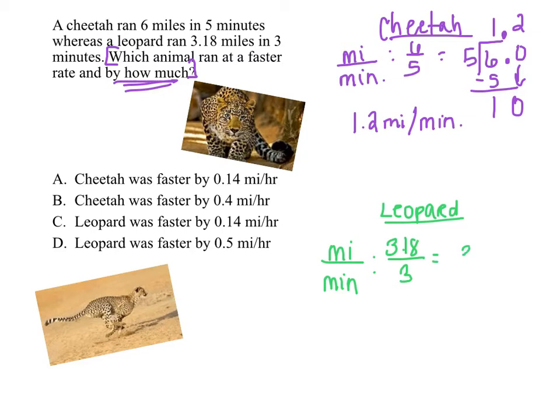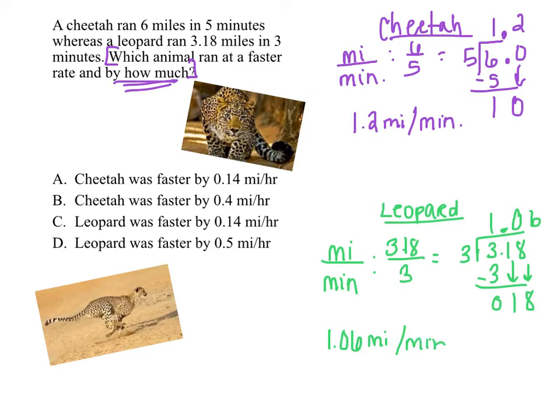So I'm going to divide, bring my decimal point up, 3 goes into 3 one time, bring down my 1. 3 cannot go into 1, so again, bring up your 0. Now I can bring down the 8. 3 goes into 18 6 times. So the leopard can run 1.06 miles per minute.